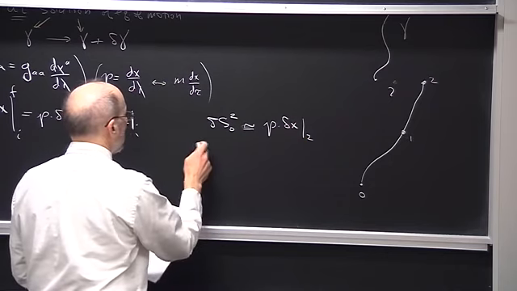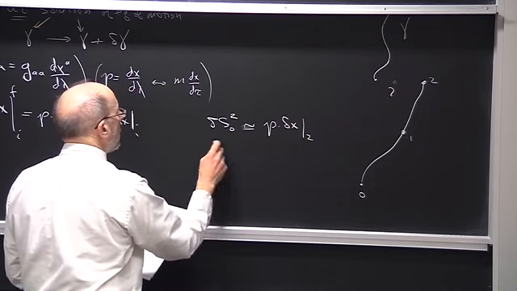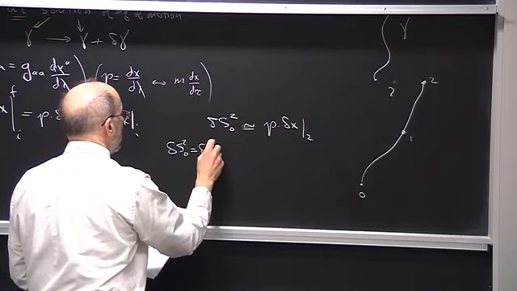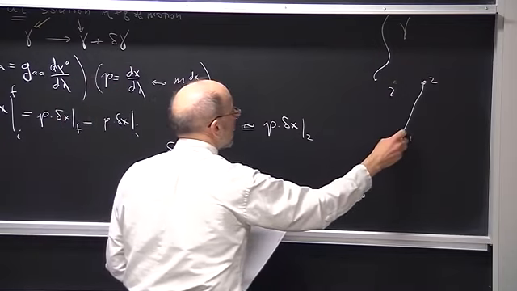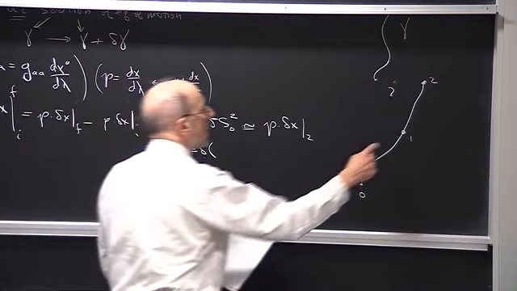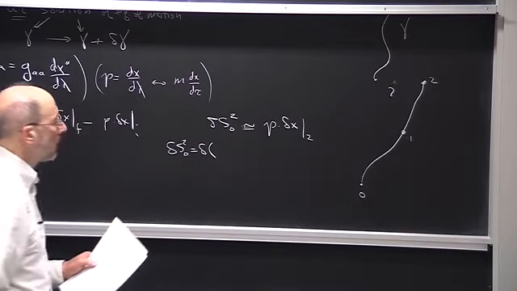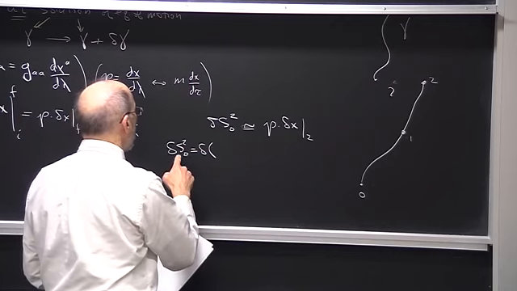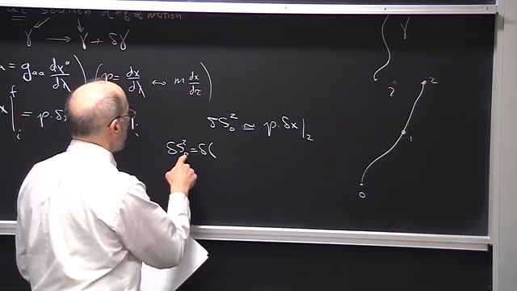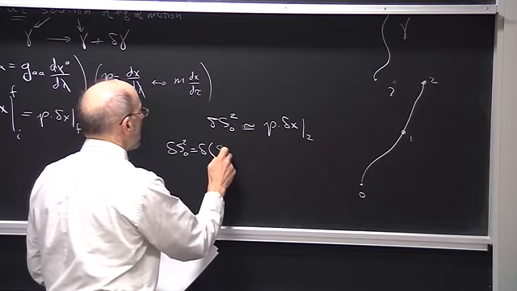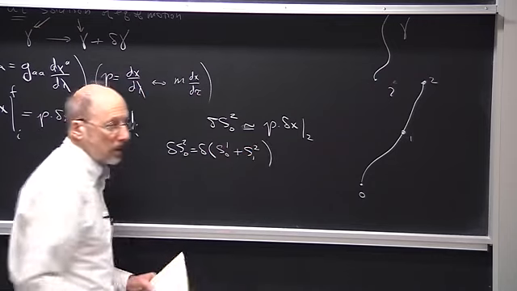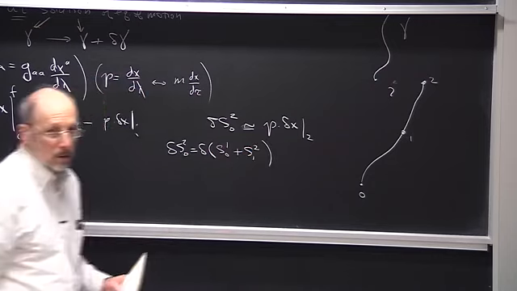But we also know that that's equal to, because of the additivity of the action, here's a place where the first derivative nature is sneaking in, notice. We know that the action between 0 and 2 is the same as the action between 0 and 1 plus the action between 1 and 2, right? Because it's just some integral that we're doing over the world line.